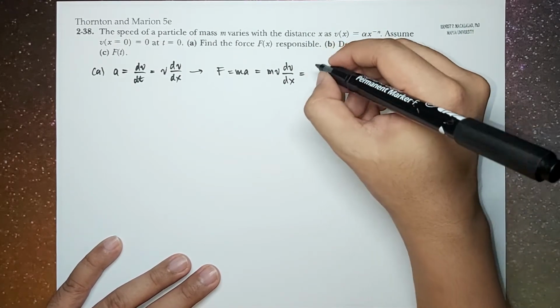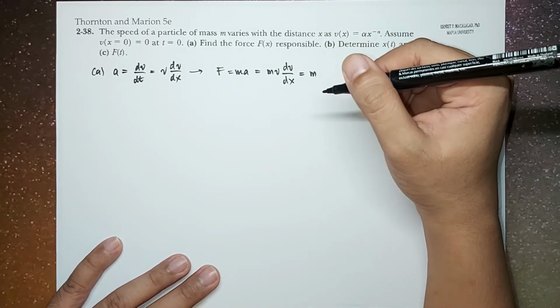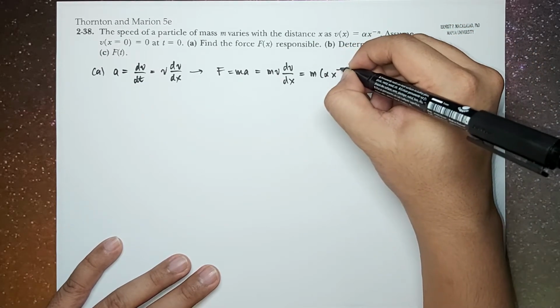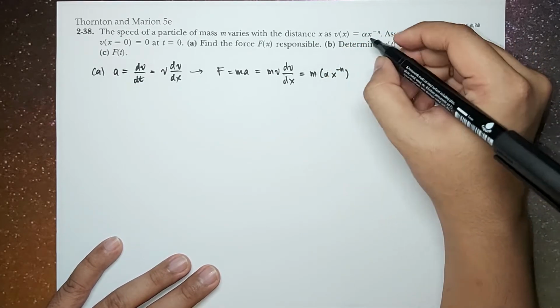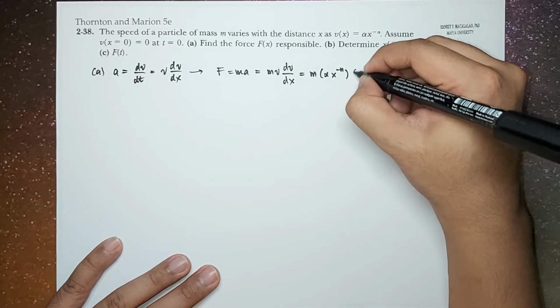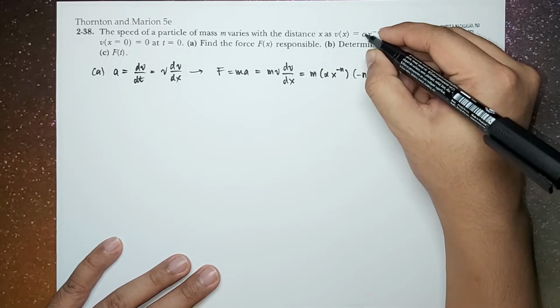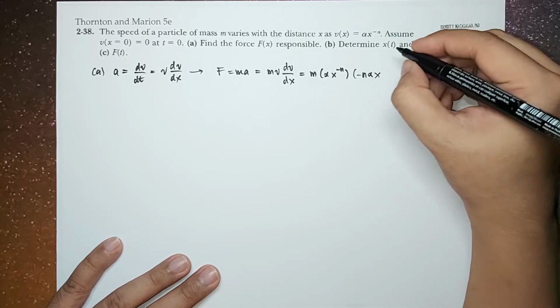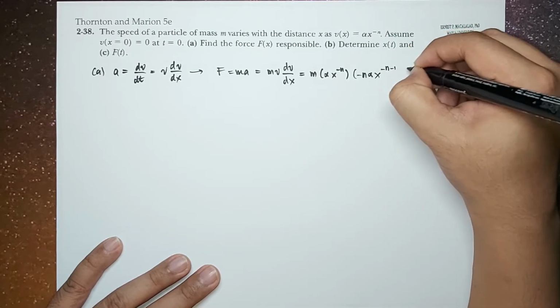So this is now equal to m times alpha times x to the negative n, times the derivative of this, which is negative n alpha x to the negative n minus 1.